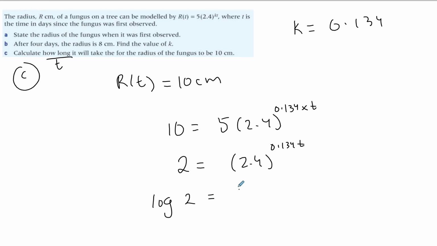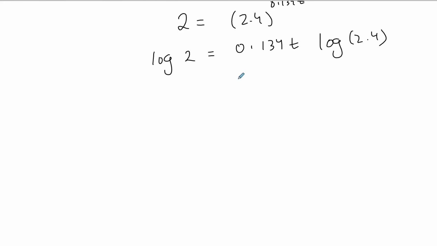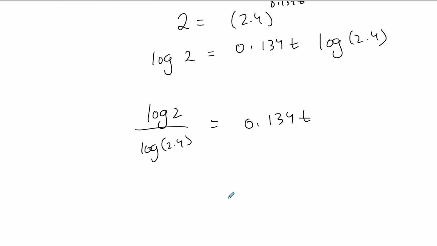Log of 2, I'm just going to bring this as a coefficient from the beginning, log of 2.4, and then make t the subject. And then divide by this number.